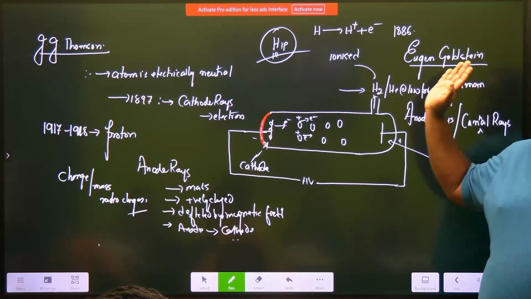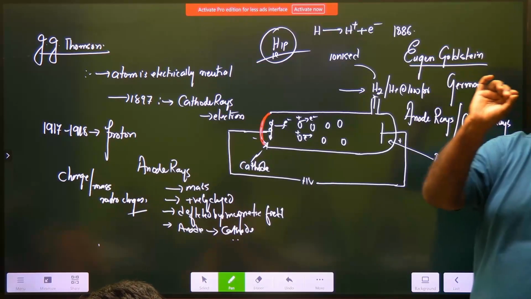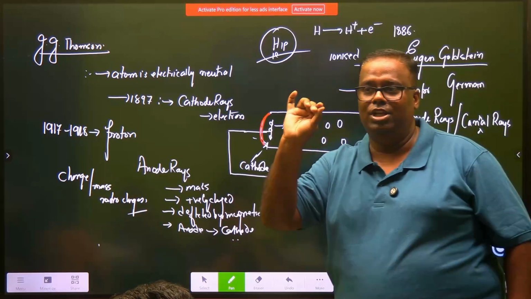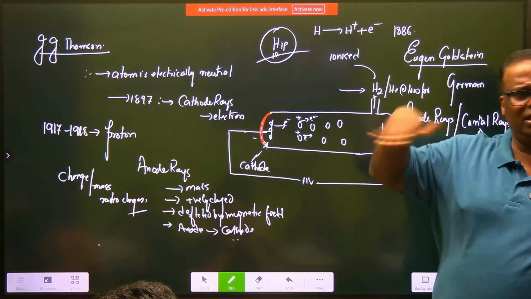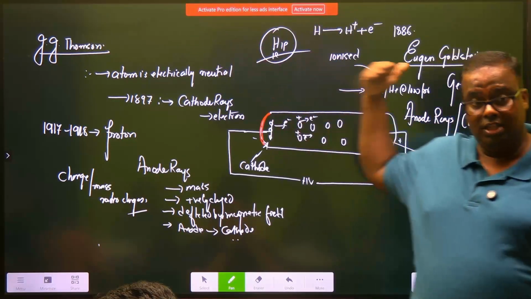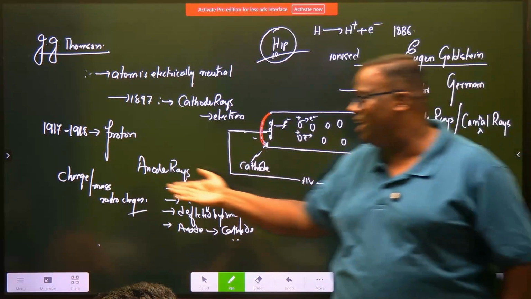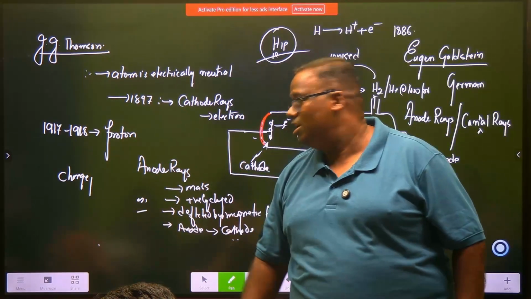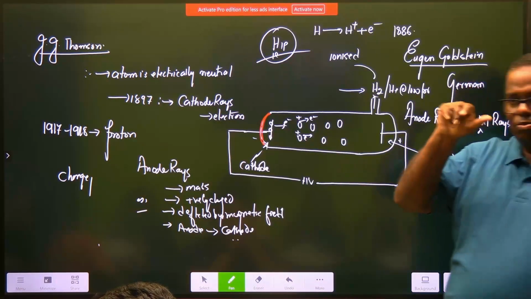Many books will credit the proton's discovery to Eugen Goldstein, but Goldstein did not coin the word proton. He just did the experiments on anode rays, and he did not realize this work would become something big. That was realized later, and another scientist coined the term protons.